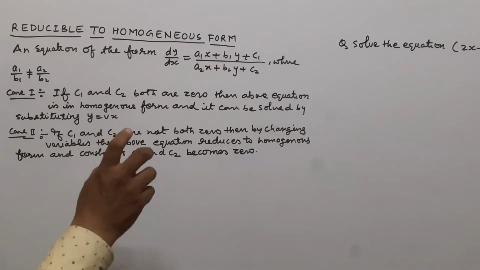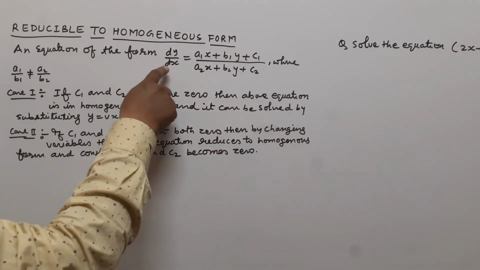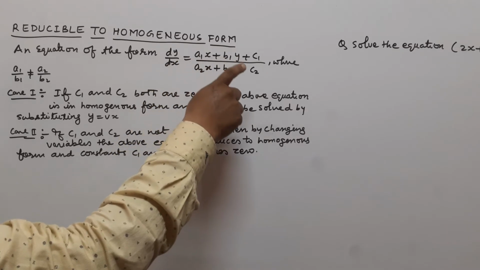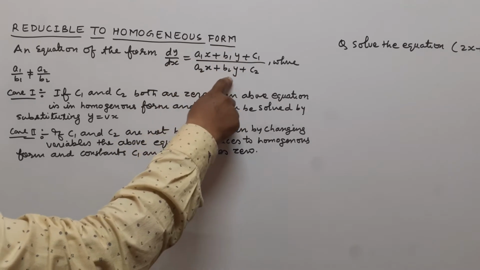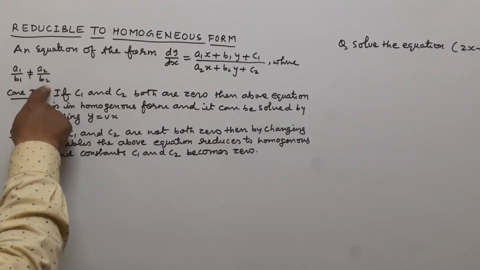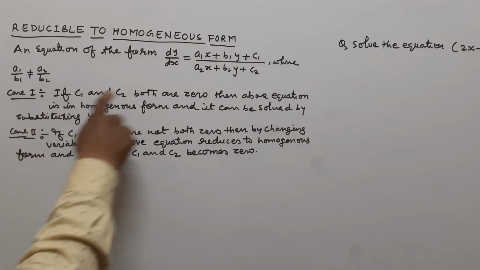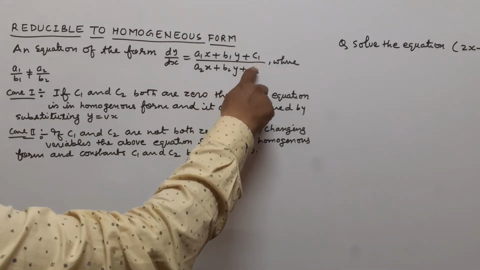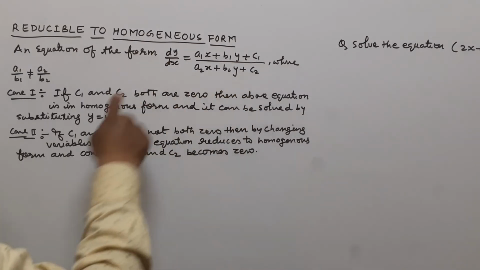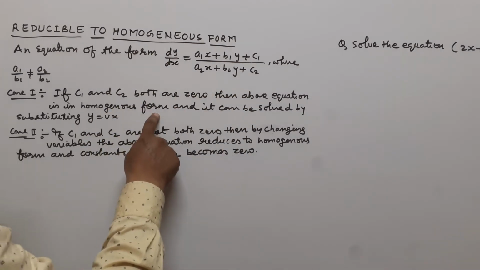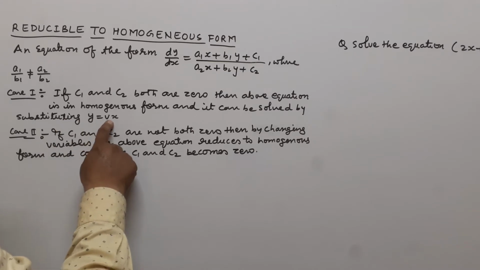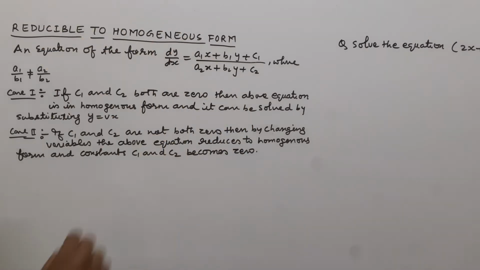If any first order first degree differential equation is given in this form, dy by dx is equal to a1x plus b1y plus c1 upon a2x plus b2y plus c2, where a1 upon b1 not equal to a2 upon b2. If these constants c1 and c2 both are 0, then this equation is in homogeneous form, and it can be solved by substituting y is equal to vx.